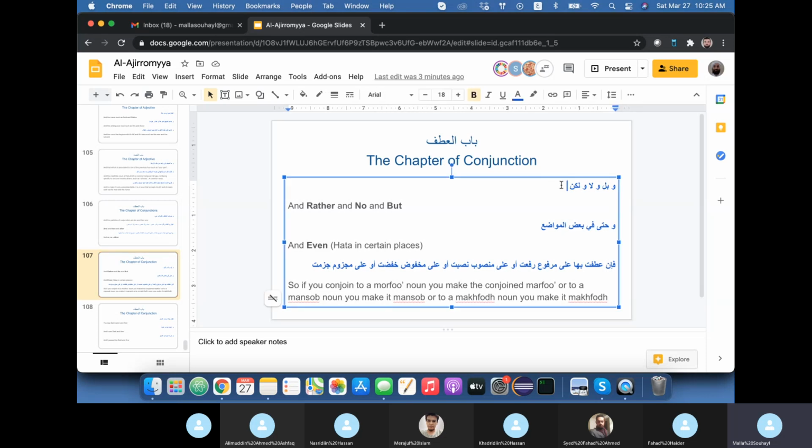For example, the example that the author gives is ما جاء محمد بل بكر.